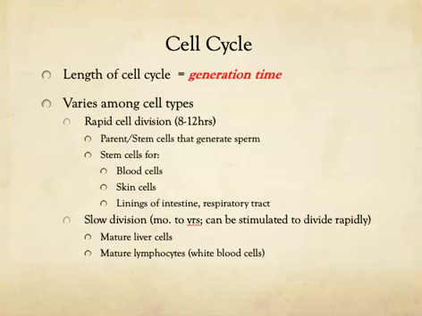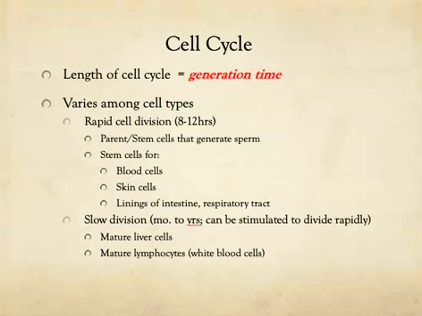Now, the generation time varies among different types of cells, and that probably makes sense to you. There are some cells in the human body, for example, that divide very rapidly. Think about, for example, your skin cells. Your skin cells replenish themselves constantly because older cells at the very top surface of your skin are constantly being sloughed off as you live your life every day.